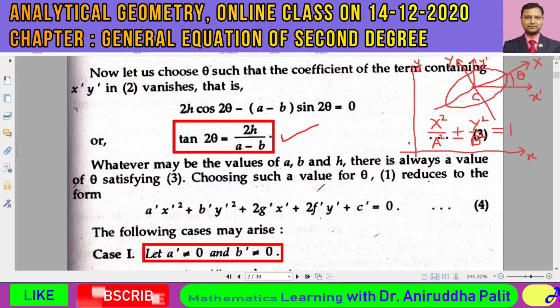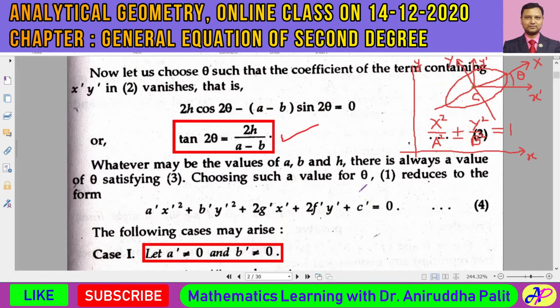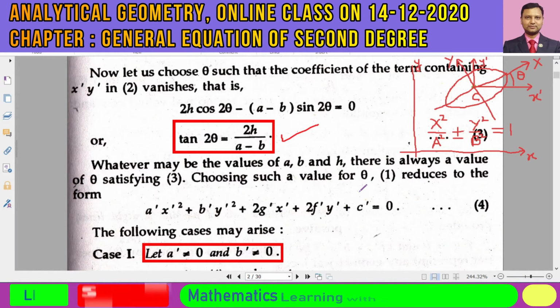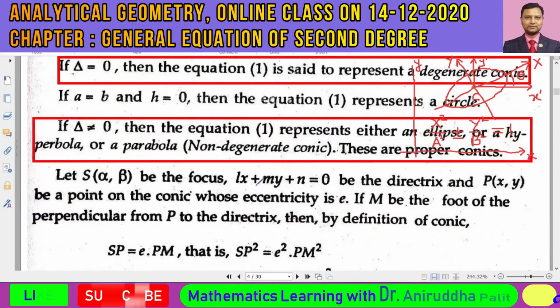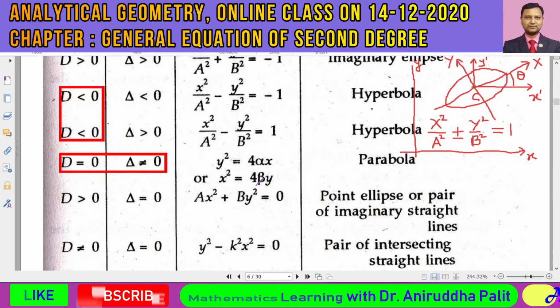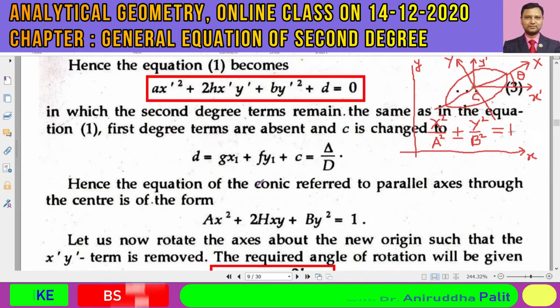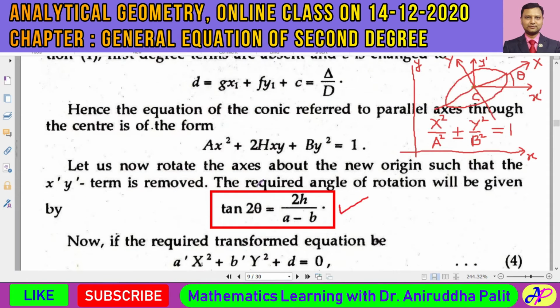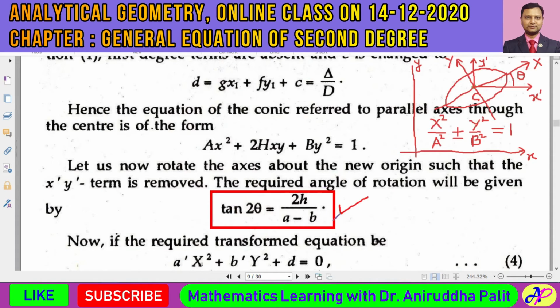This kind of equation would give us a way to get rid of the xy related term, not the individually x related term, not the individually y related term, but the product xy related term. Got it? So I am applying this result over here. So let me get back to that discussion. This is the result I was discussing. So we now apply tan twice theta is equal to twice h by a minus b.